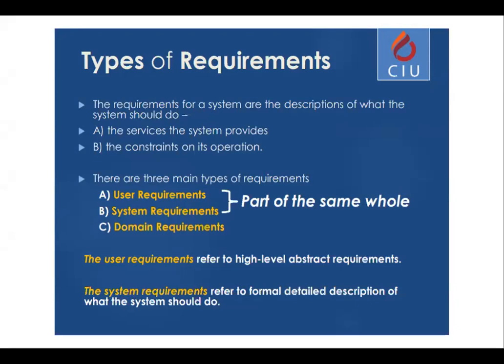So in those circumstances, the user requirements can serve quite well for those people. They obviously need to be broken down to generate system requirements, but they hide a lot of detail, hence why they are abstract. They hide a lot of detail that those people do not have to engage with.